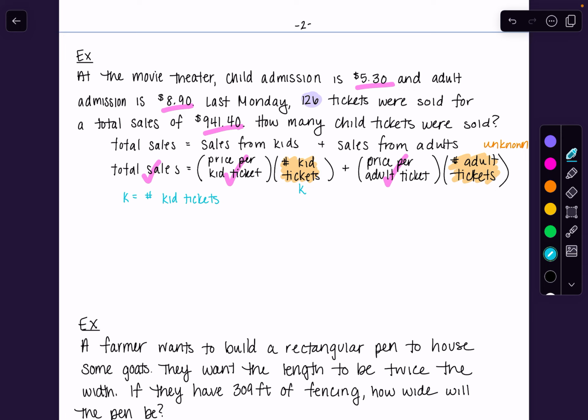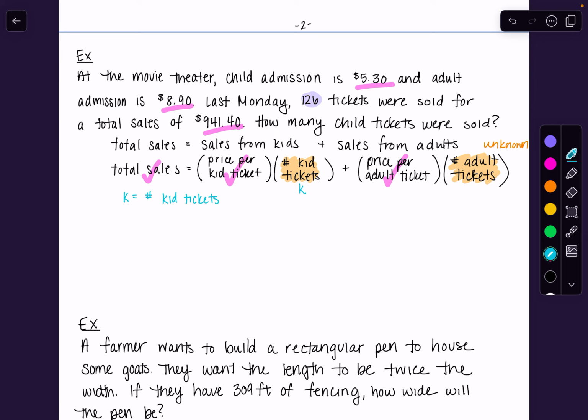It's very hard to guess and check. Yes, you can do it, but if there were like 1,000 tickets sold, it's not so easy to figure out or split things up and try to see if things work. So setting up this equation is going to be much easier for us.